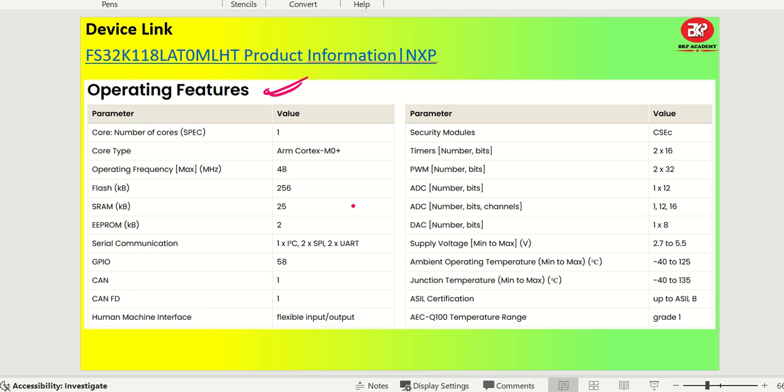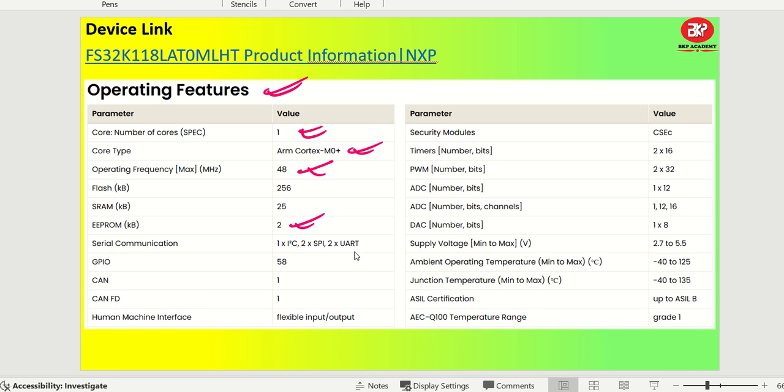We have number of cores, that is 1. We have core type as Cortex M0 plus. We have operating frequency as 48 megahertz. We have flash as 256 kilobytes, SRAM of 25 kilobytes. We have inbuilt EEPROM as well, that is 2 kilobytes.